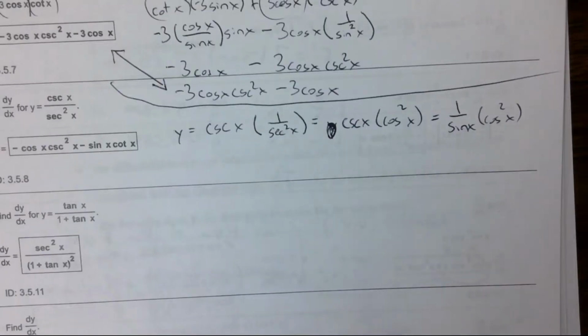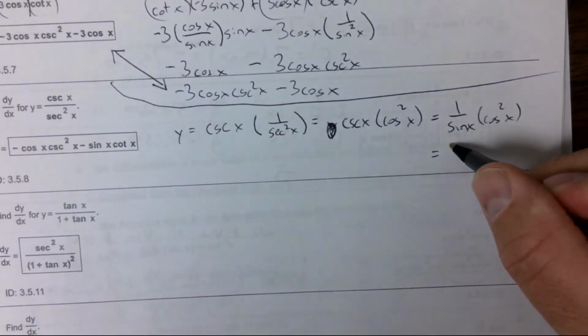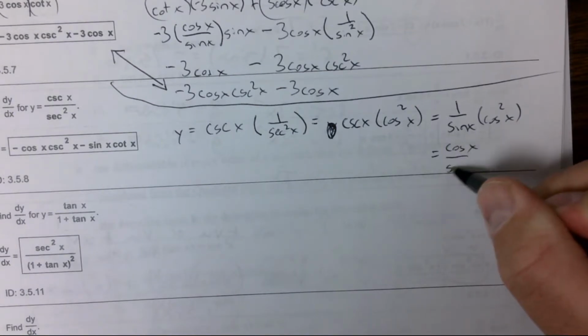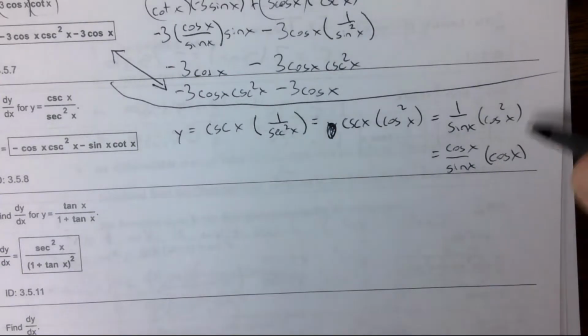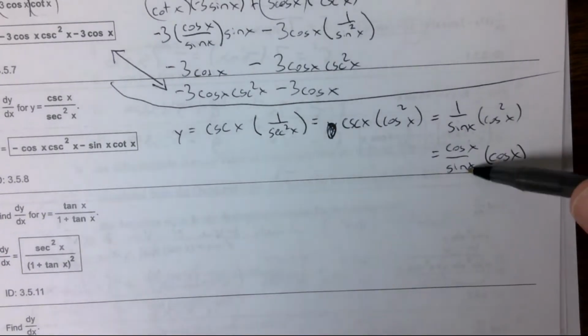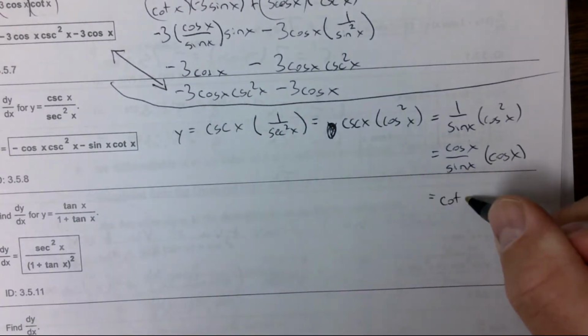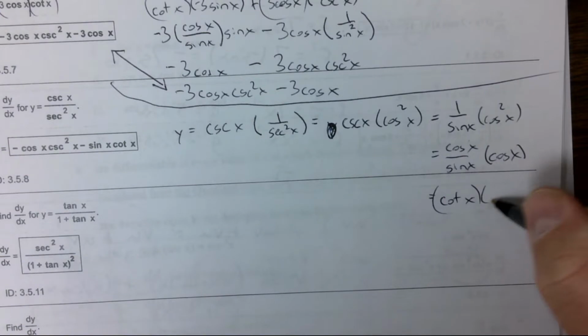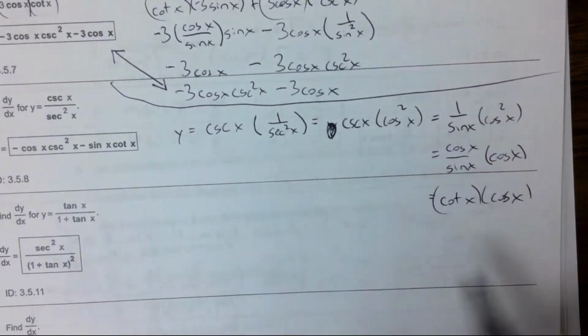What I see is this is going to be a lot simpler if we just keep making this cosine x over sine x times cosine x, because that is equivalent to cosine squared, and then this is just cotangent x times cosine x. So that is a much simpler expression.